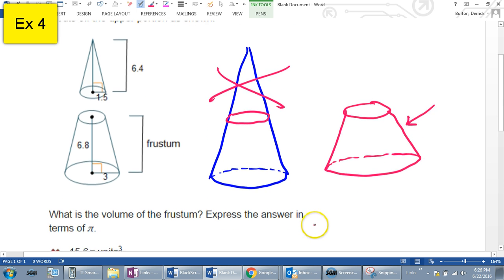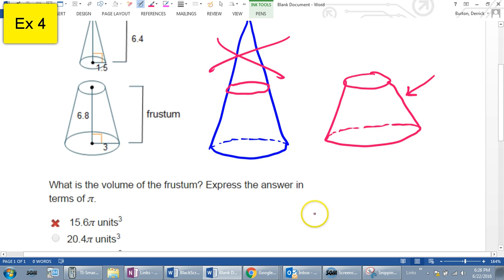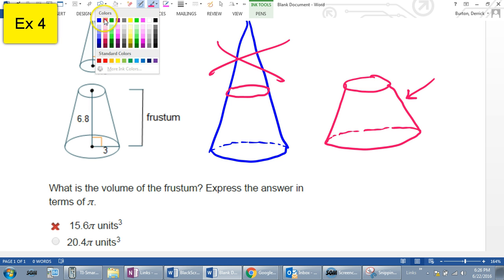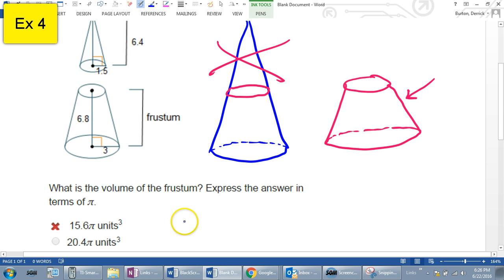And seeing that hopefully will help you understand the equation. Can you see that the frustum, this leftover part, is the result of starting with a whole cone? In fact, I'll just call it a big cone, minus the top.